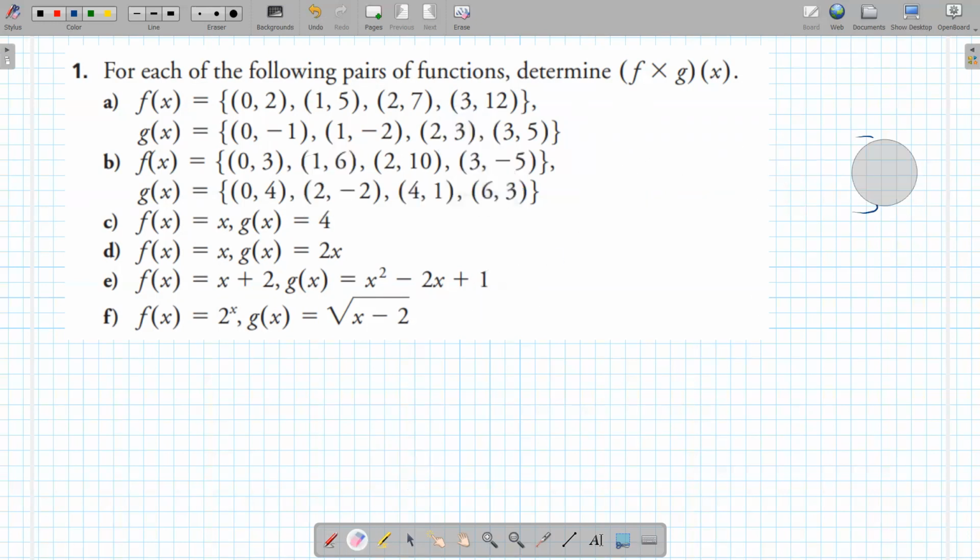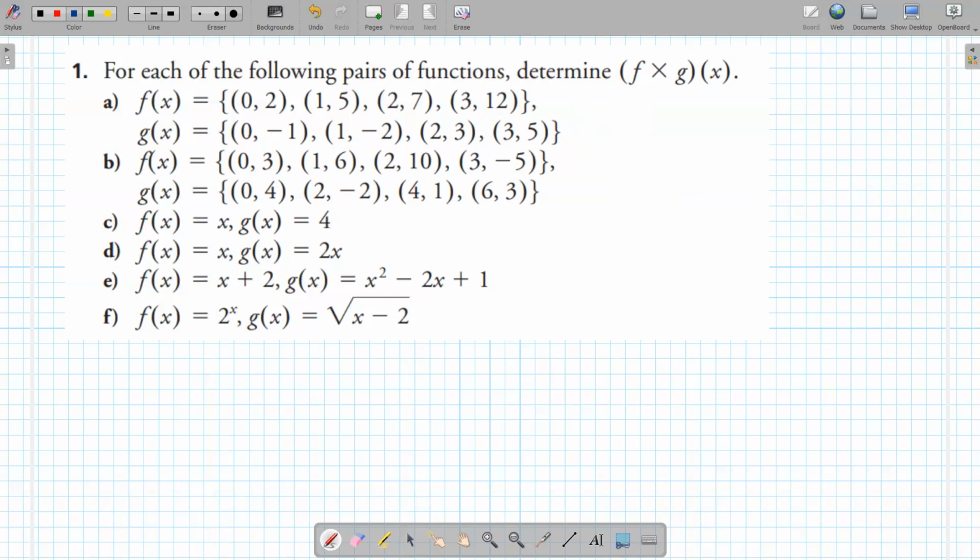What's the answer to C and D? They're both one-step answers. What's the answer to C? Just multiply them.